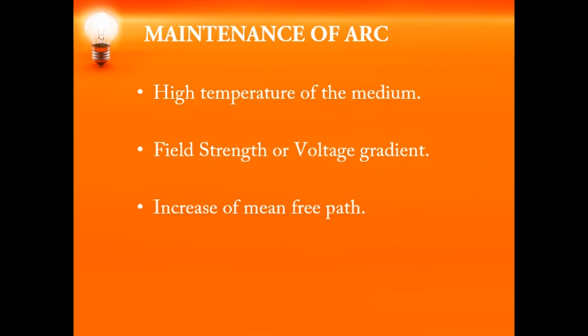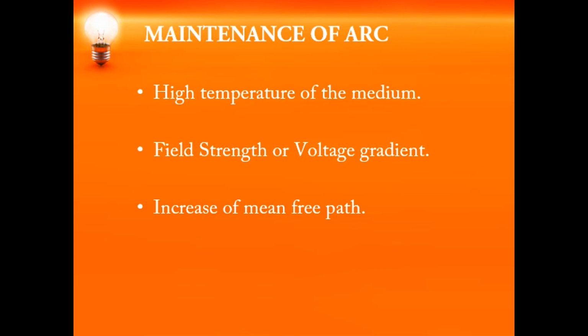The kinetic energy gained by the moving electrons will be increased. When the kinetic energy of the moving electrons is increased, that is due to the potential difference or voltage gradient across the contacts of the circuit breaker, more electrons will be liberated from the surface of the contacts.